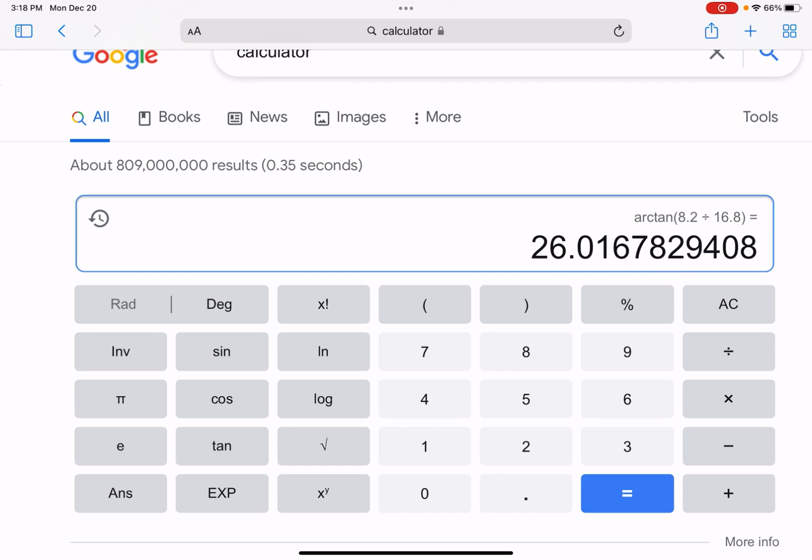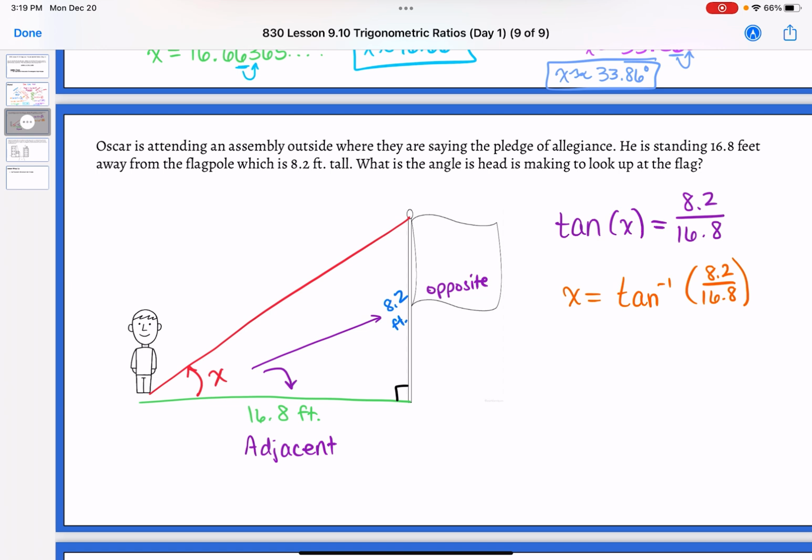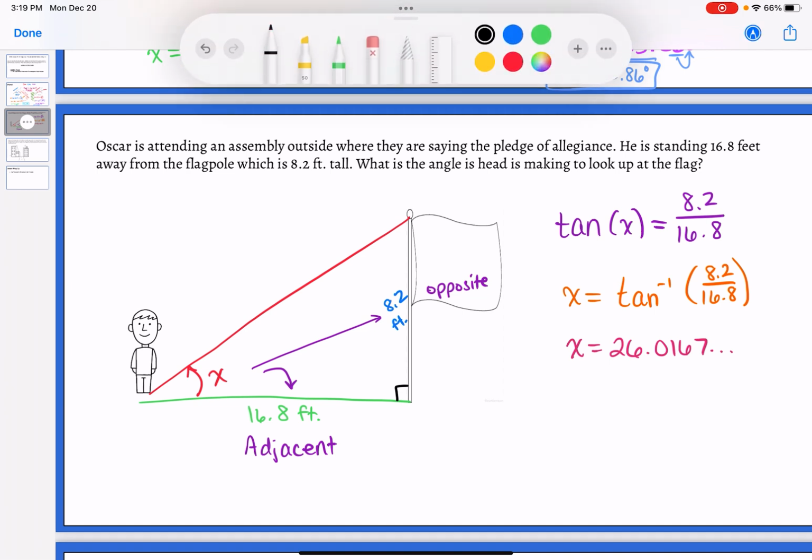I get 26.0167, et cetera, right? Now, it probably should tell us what to round to. I apologize that I didn't have that in there. Let's round to the nearest whole degree on this one.